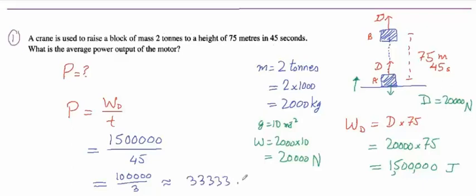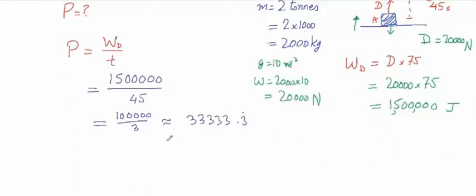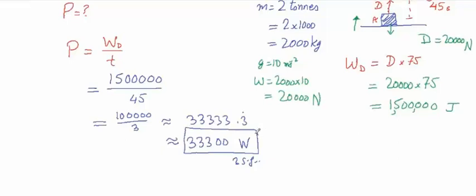33333.3 recurring. In 3 significant figures, it will be 33300, and it will be watt. This is the power developed by the motor of the crane to do this work.